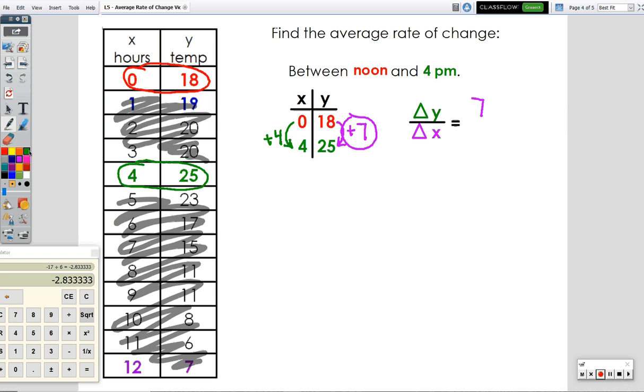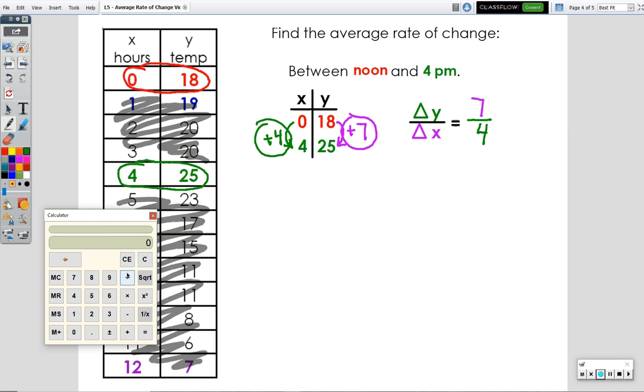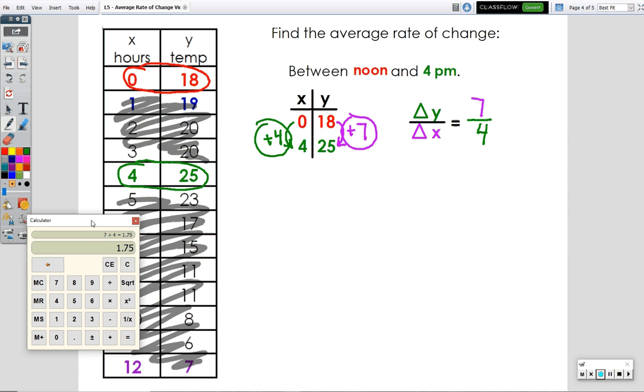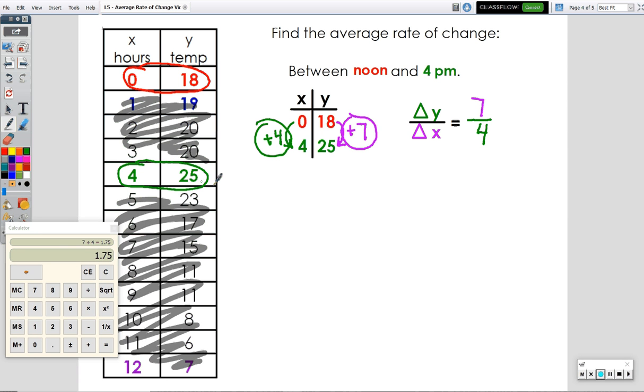My change in x is going to be here. That's a 4. So my change in temperature is 7 over 4. Again, we want to make this into a decimal, so that's our unit rate. So we'll do 7 divided by 4, and we get 1.75. So my average rate of change is going to be 1.75.